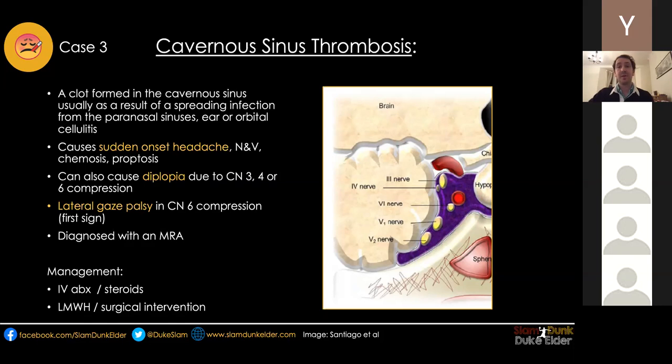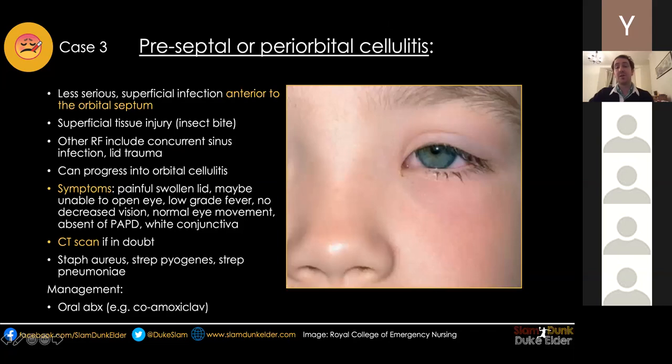Okay. So in the previous picture, the alternative diagnosis was preseptal or periorbital cellulitis. This is very similar, but it's much less severe. Similar symptoms of a painful swollen lid, but it's a diagnosis of exclusion.